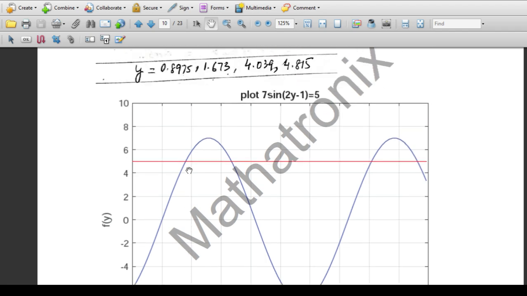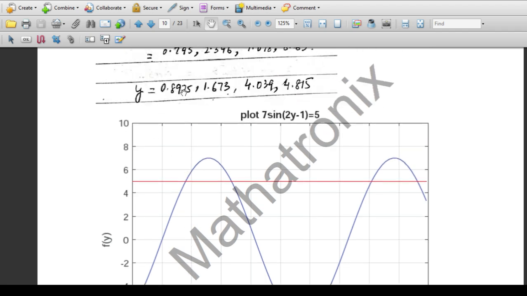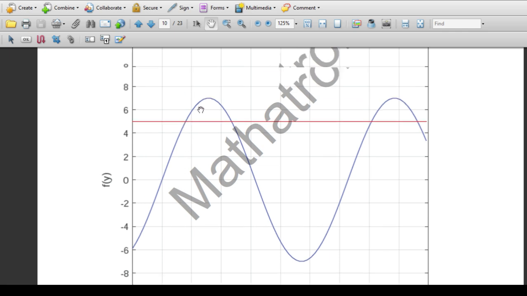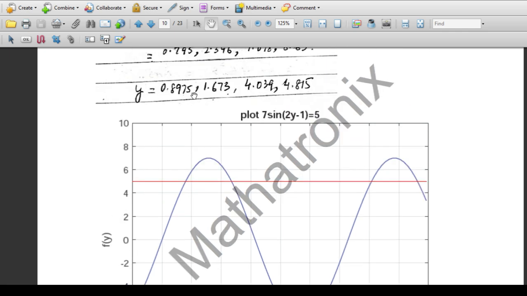So at this point we have 0.8975. We can see at this value it is 0.8975.